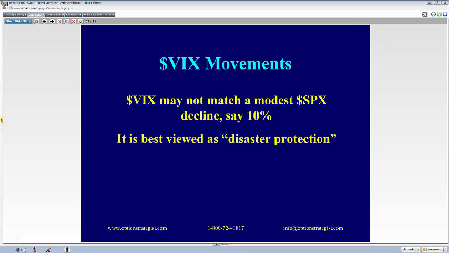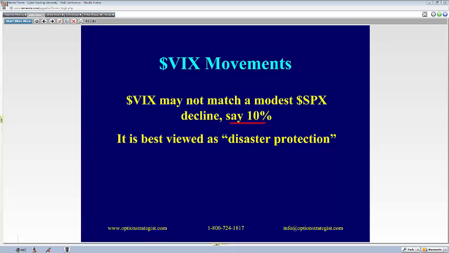In addition, when I'm talking about using VIX as protection, I'm talking about using it as disaster protection. In other words, I want to protect against the crash of '87. I want to protect against 2008, the six-day crash. I want to protect against 2011 or the flash crash in 2010. All those times VIX went up to like 50 or higher. And so I'm not interested in using VIX to protect my portfolio for a 10% decline.